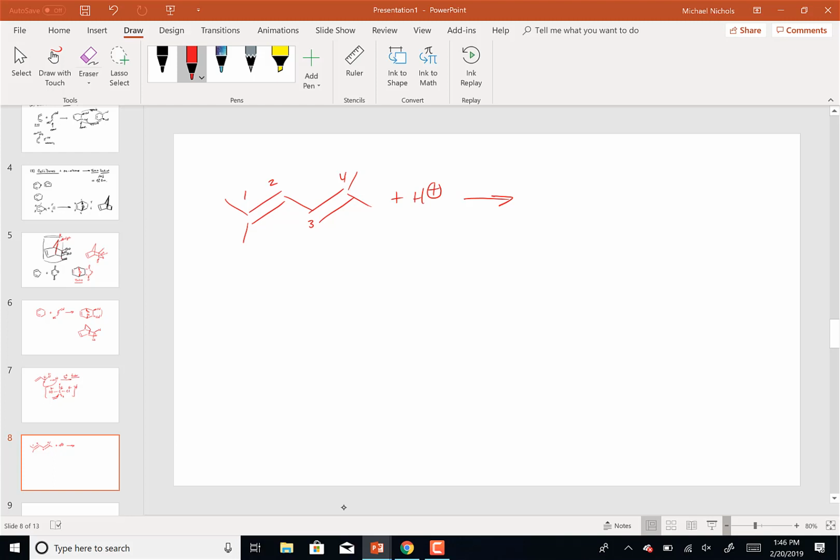Let's add to 1, let's add to 2 and see what happens. So there's adding to C1, and there is the addition of the H plus to C2.